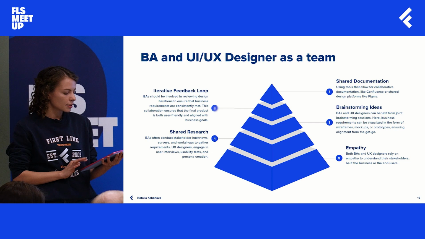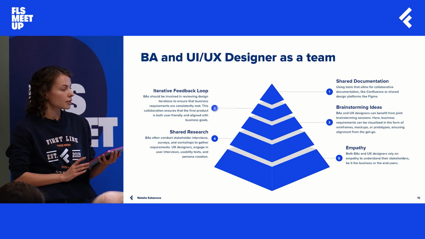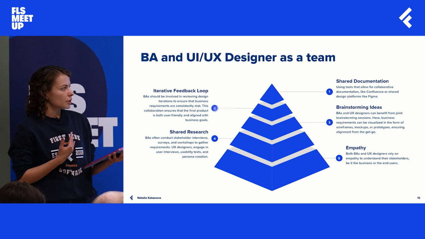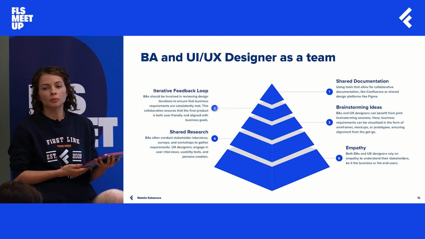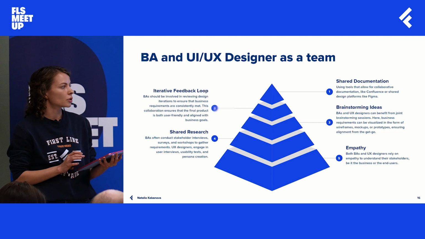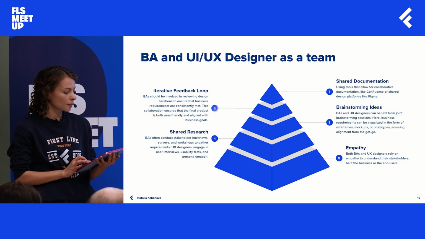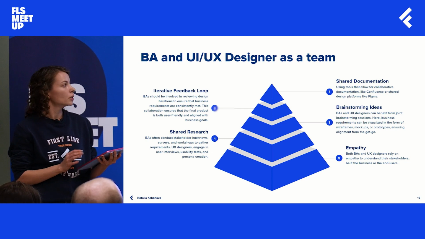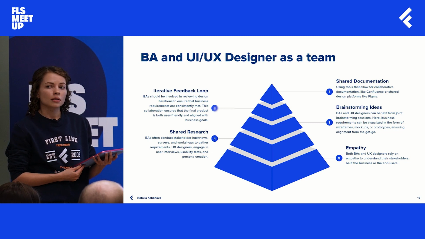Brainstorming ideas. Instead of working independently, BAs and UX designers can benefit from brainstorming sessions. Here, business requirements can be visualized in different forms, like mockups, wireframes, or prototypes, again ensuring alignment on everything. Iterative feedback loop: BAs should be involved in the whole process of creating the mockups so that they ensure end requirements are met.